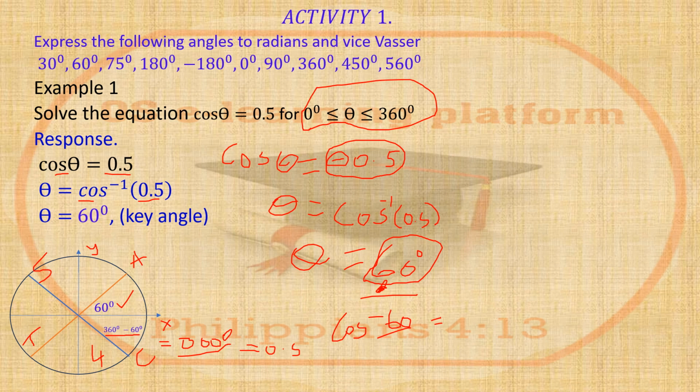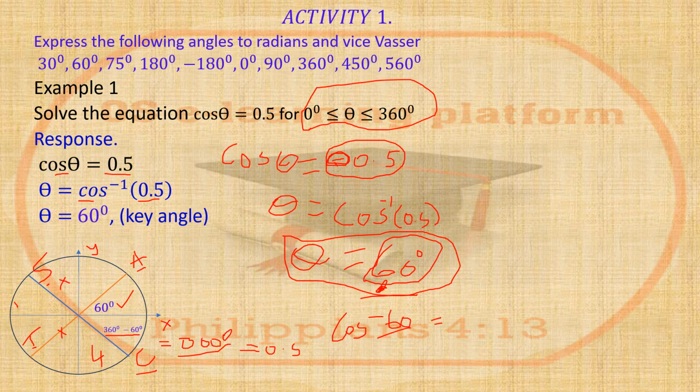Now, after knowing that the key angle I have is helping me to get other angles related to it, I just use the negative to locate the quadrants where cos is negative. Now I come to my ASTC, all students take chemistry. I look at the quadrants where cos is negative. Guess what? That is the second quadrant and the third quadrant. How do I get those angles?